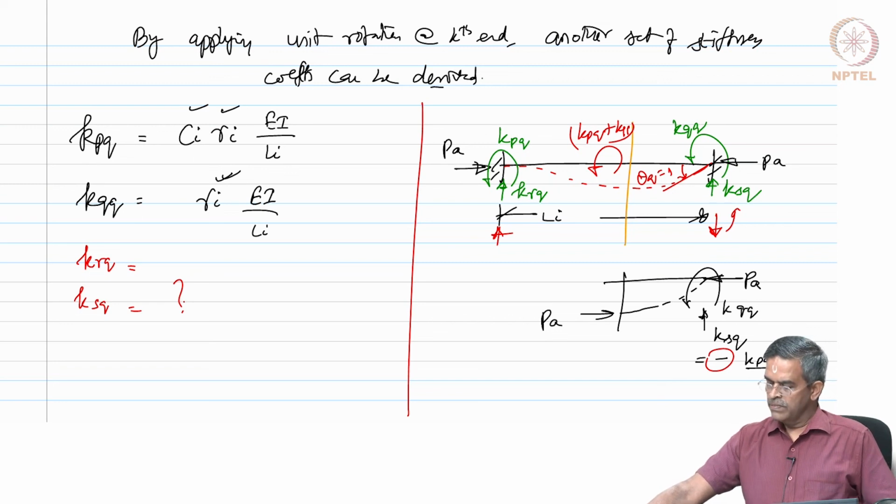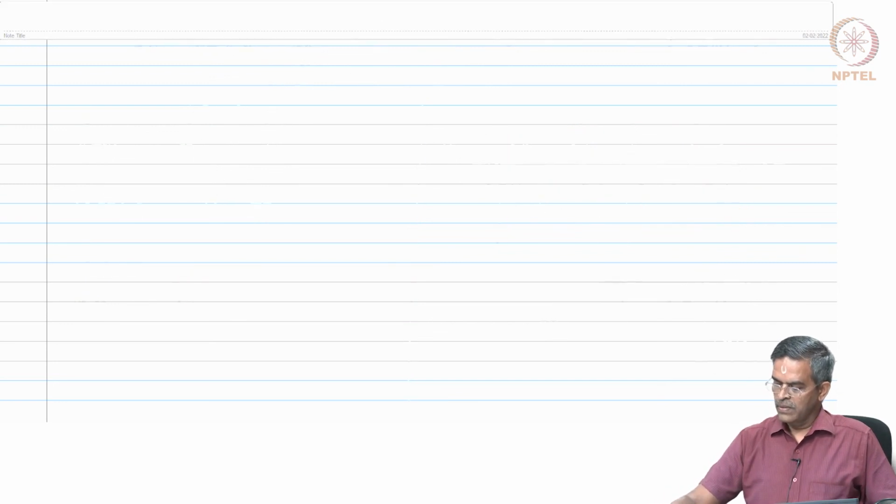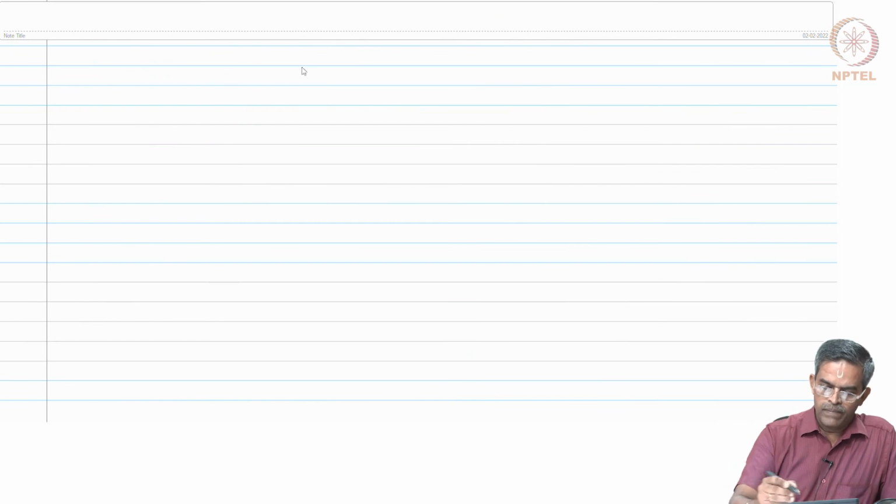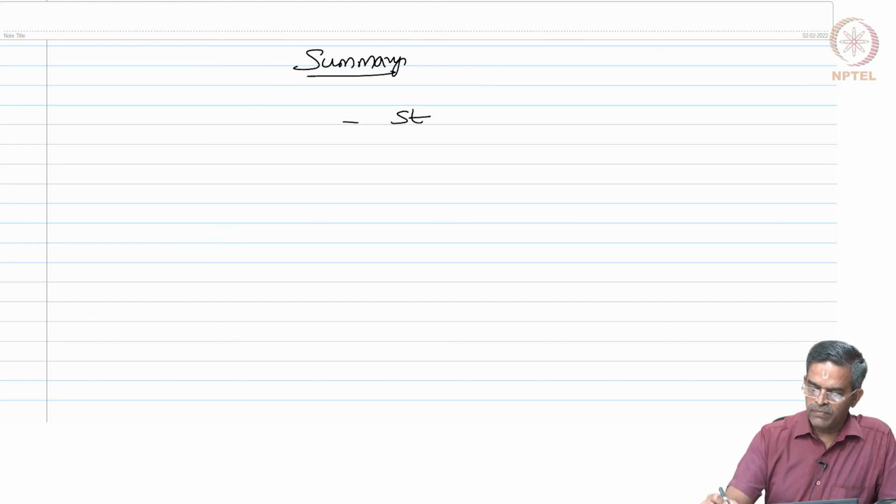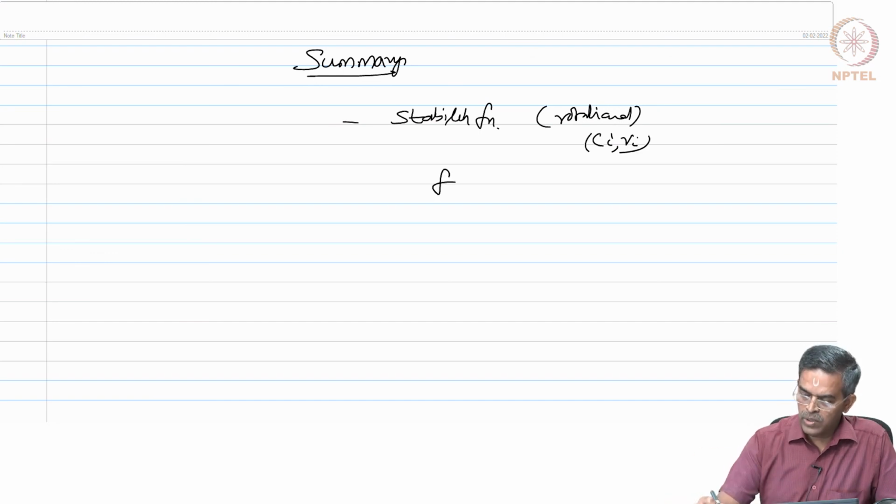So, friends, we have learnt the derivation of stability function, that is rotation coefficients, which are Ci and Ri, for two cases.